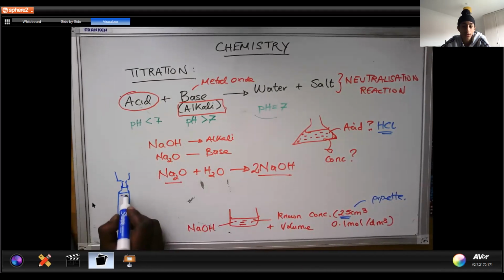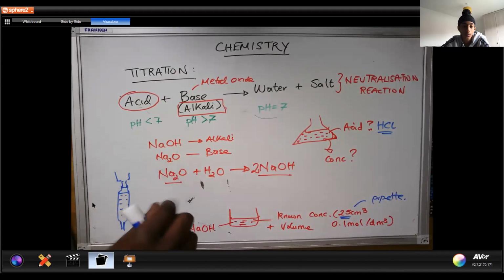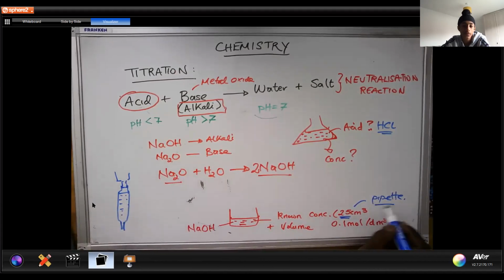These are more accurate than the ones which have a little bulb at the end which you squeeze. This is a certain pipette that is used specifically for titrations. I don't think you've used that one. I don't think you'll use it until well into year 10, if not year 11.